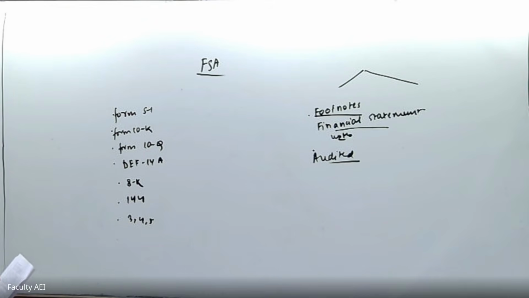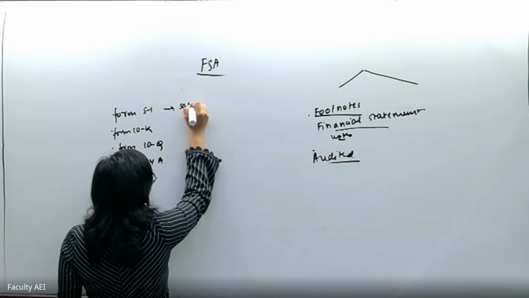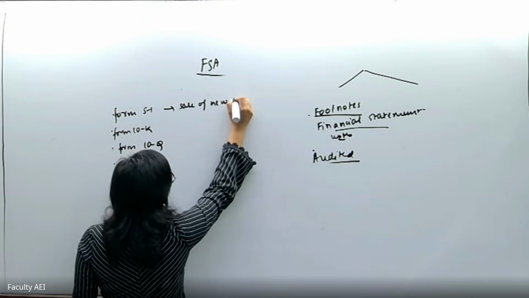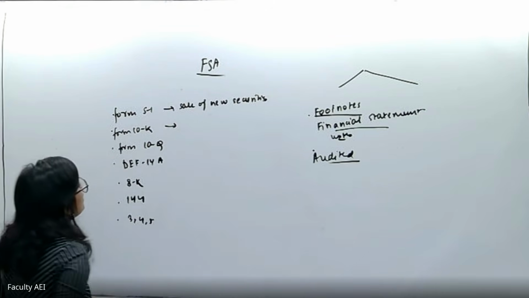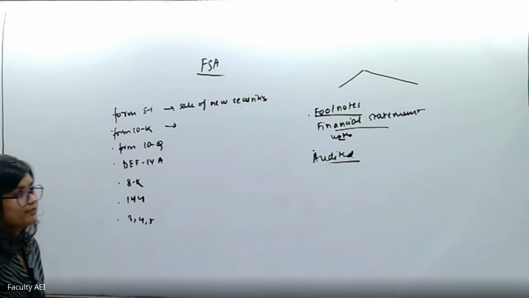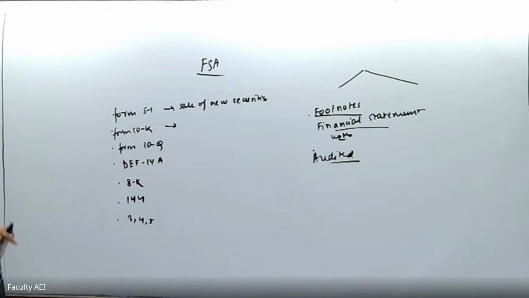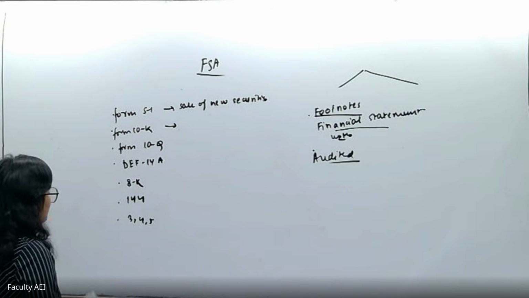Form S-1 needs to be filed for the sale of new securities. If a company is bringing new securities or stocks into the market, the company needs to file Form S-1, denoting what the purpose of issuing these securities is, what the company would be doing with this money, and what the prospects of the company are.